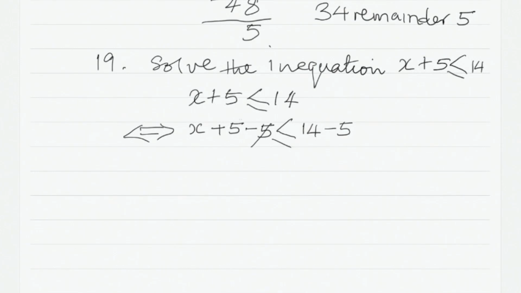So this and that will cancel and we have x. So 14 take away 5, it's going to give us 9. So our answer equals x is less or equal to 9. The answer is going to be A.